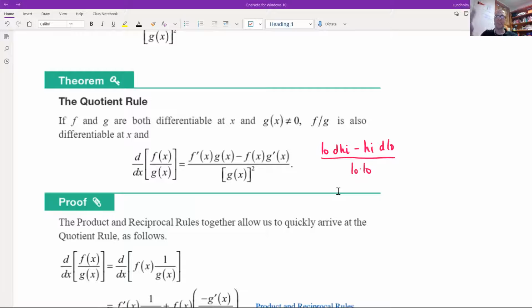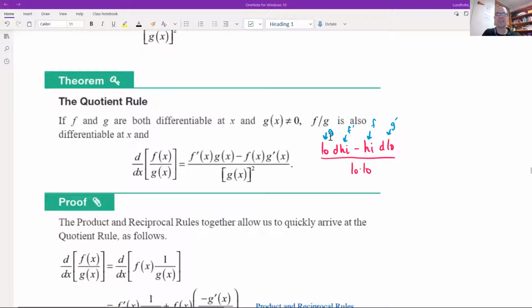But yeah, all that means is low is standing in the place of g because that's on the bottom of the fraction, and high is standing in the place of f. So d high would be the derivative of f, and d low would be the derivative of g.